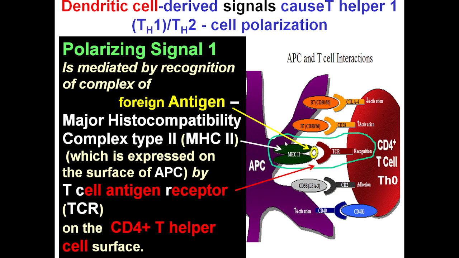This is an exogenous peptide, microbial peptide. This peptide is recognized by the antigen binding site of the T cell receptor, and this interaction is confirmed by reaction of the CD4 receptor of the T helper cell to the MHC2 molecule of the antigen presenting cell. Well, this last interaction is not shown. This is the first polarizing signal.